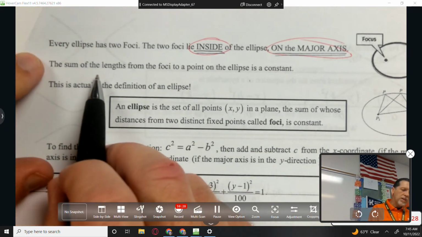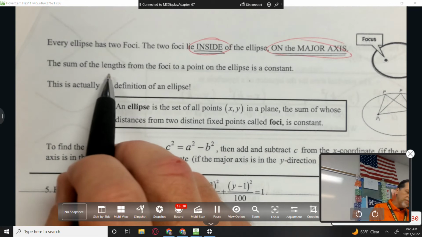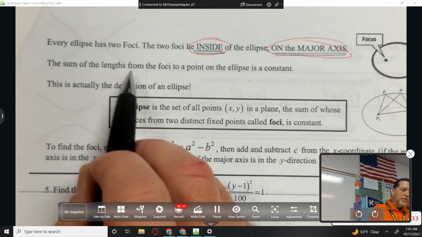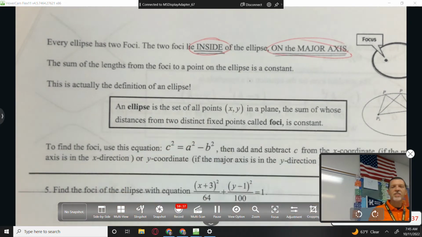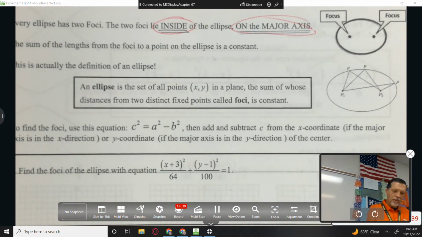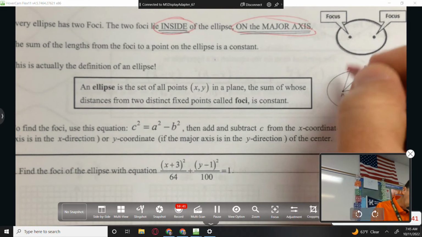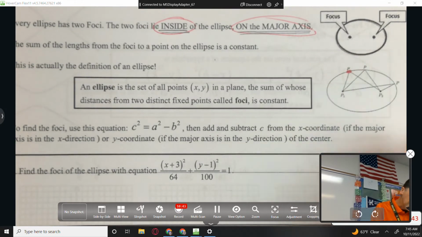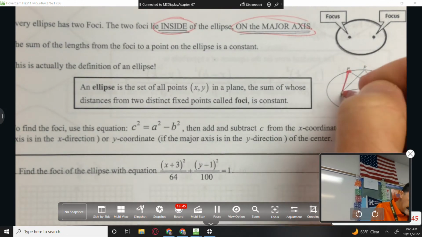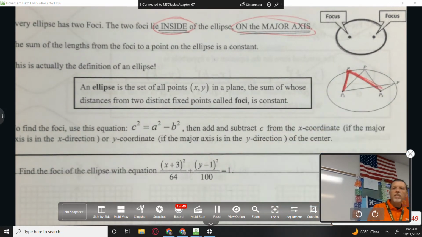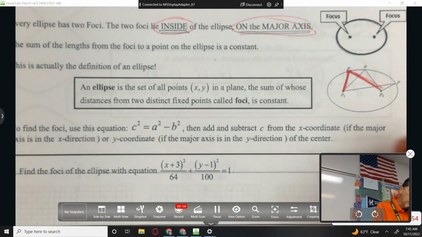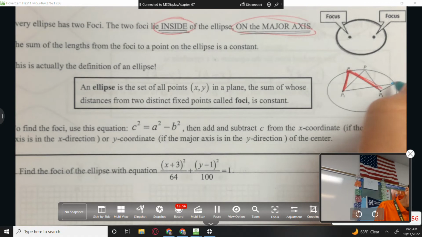This next statement, you don't have to know it, but the sum of the lengths from the foci to a point on the ellipse is constant. This is a little bit weird to think about, but pick any point on the ellipse, and the sum of the distances to the two foci is the same wherever you go. So I could pick that point, or I could pick this point over here.